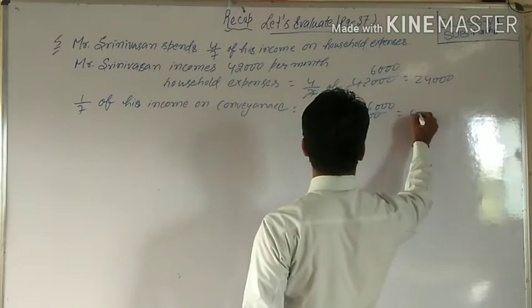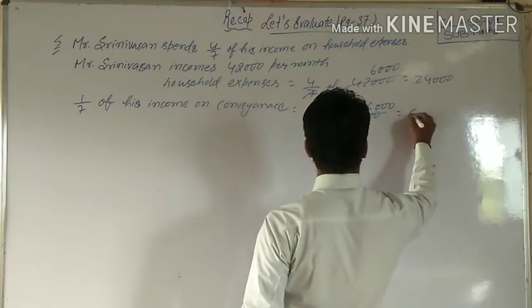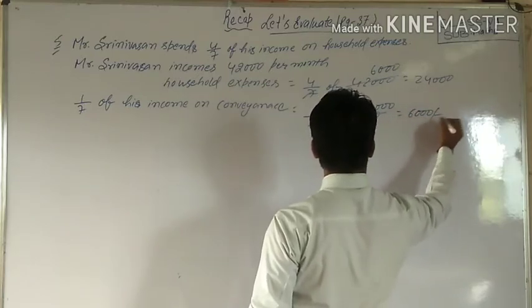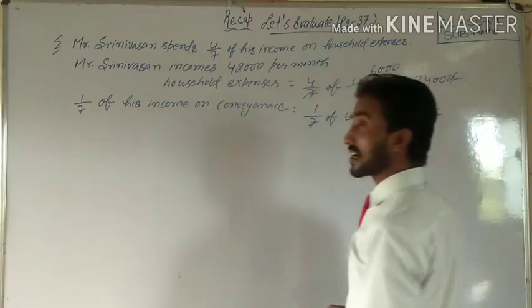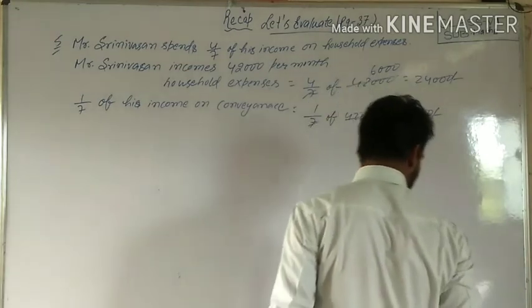Very good. It means his expenses are around 6,000 on conveyance. It means on vehicles.